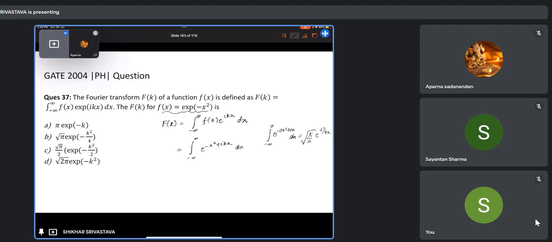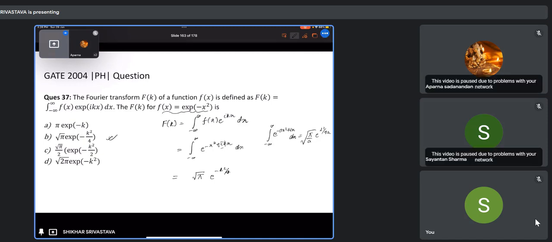So using this, in this question your a is 1 and your b is ik. So your answer will become root pi, a is 1, exponential b square is nothing but ik whole square, which is minus k square upon 4. So option B will be correct.